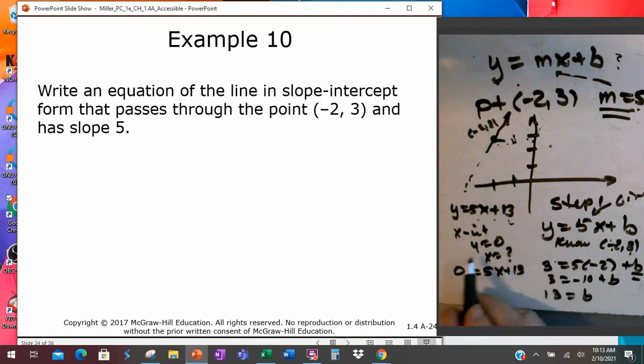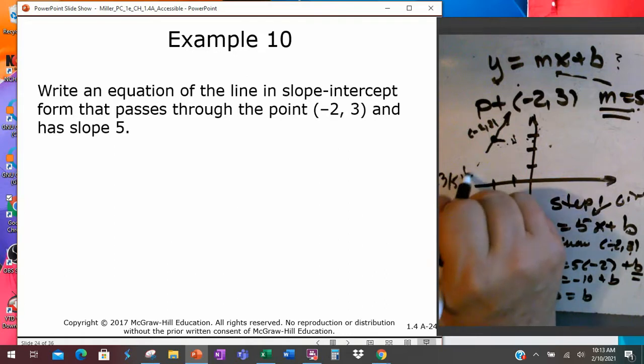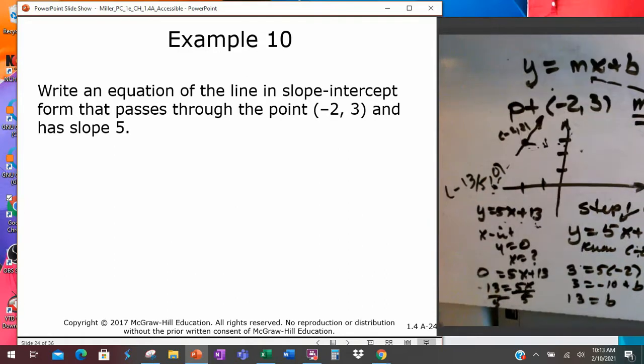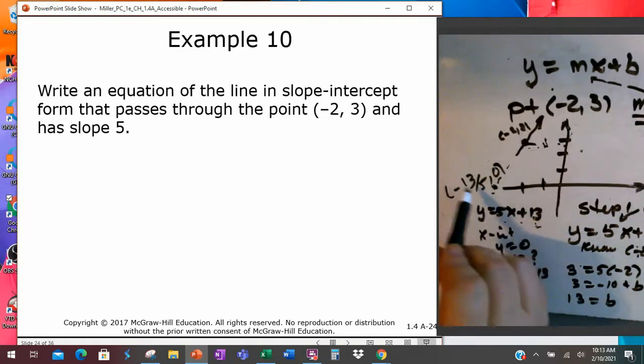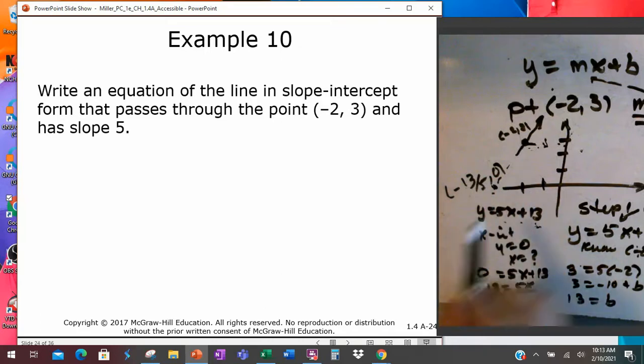If I get negative 13, then divide by 5, I get negative 13 over 5, comma 0. Minus 2 3/5. So this would actually be pretty close over there.